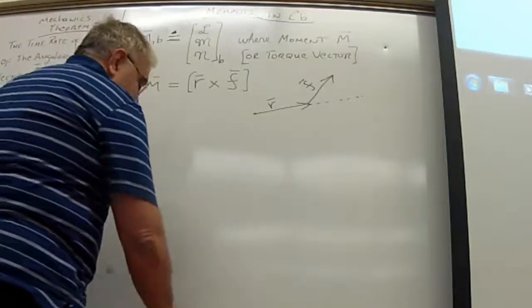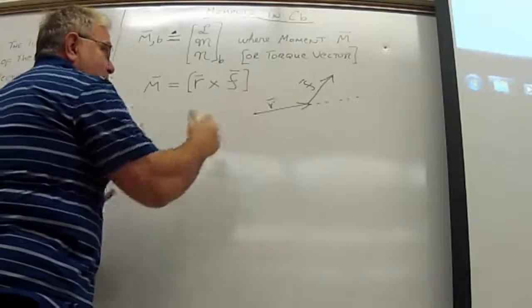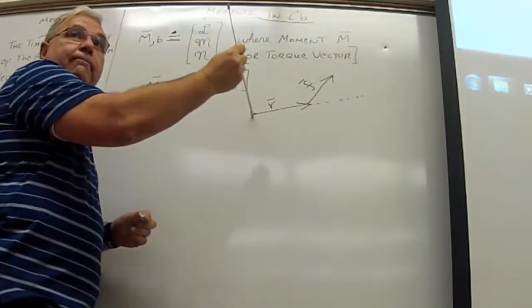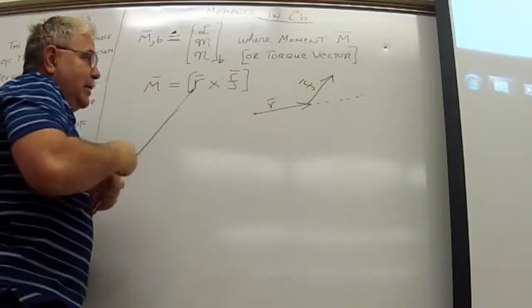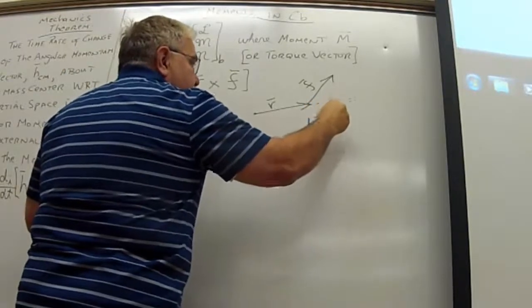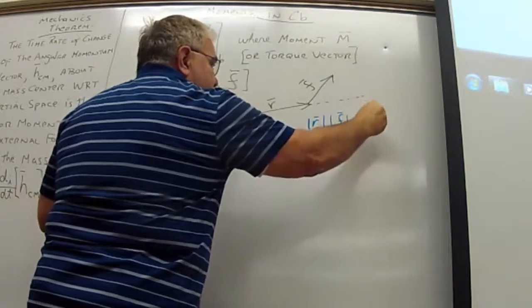So R cross F is going to give you a vector coming out of the board, yeah? This is R and that's F, and the magnitude of R cross F is the magnitude of R times the magnitude of F times the sine of the angle between them.